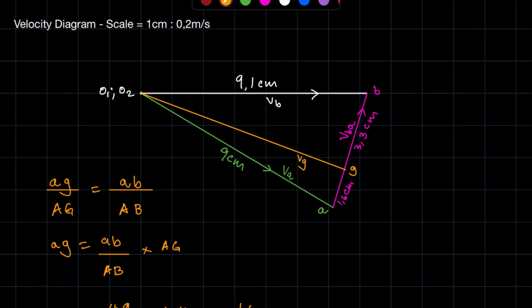G being the object, as far as direction, this is going in that direction. Then you measure the line OG, the line that represents VG, and I got 8,7 centimeters.